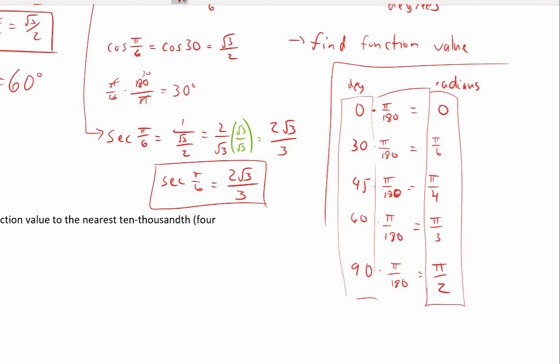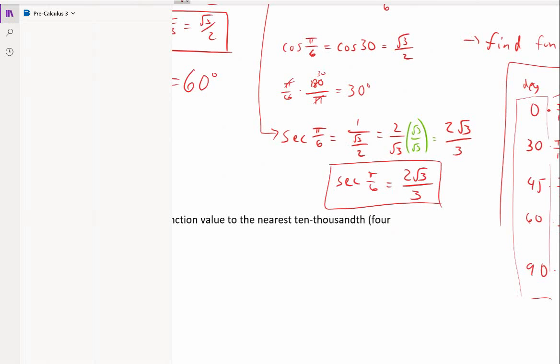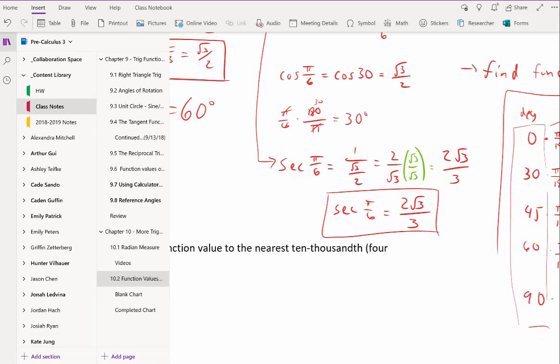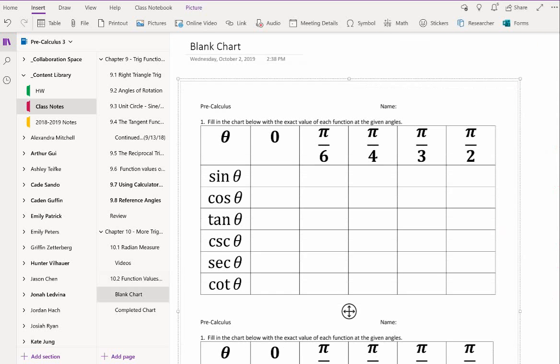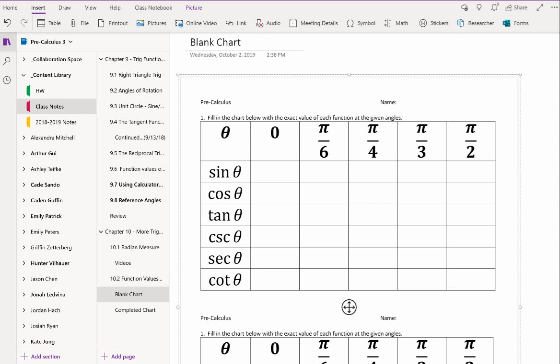So in our chart that we have memorized, our top row is 0, 30, 45, 60, and 90. But now we're going to memorize that chart in radians as well. So in radians, the top angles are 0, pi over 6, pi over 4, pi over 3, and pi over 2, right? 30, 45, 60, and 90.